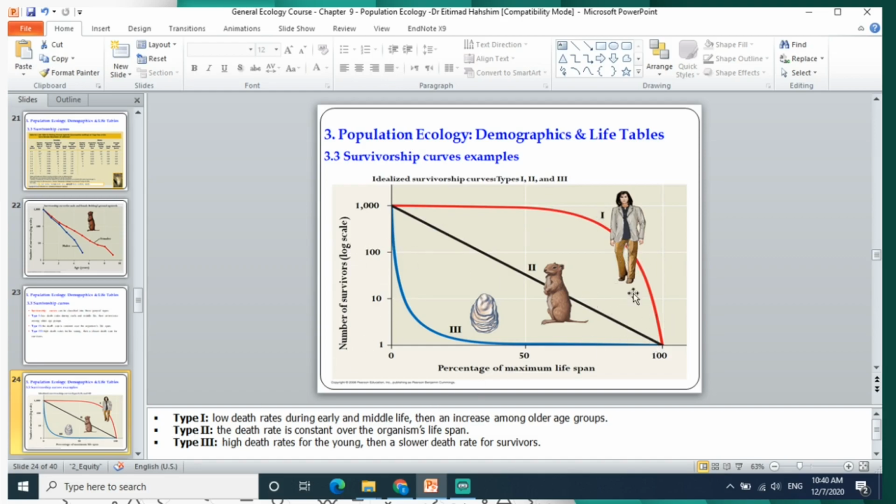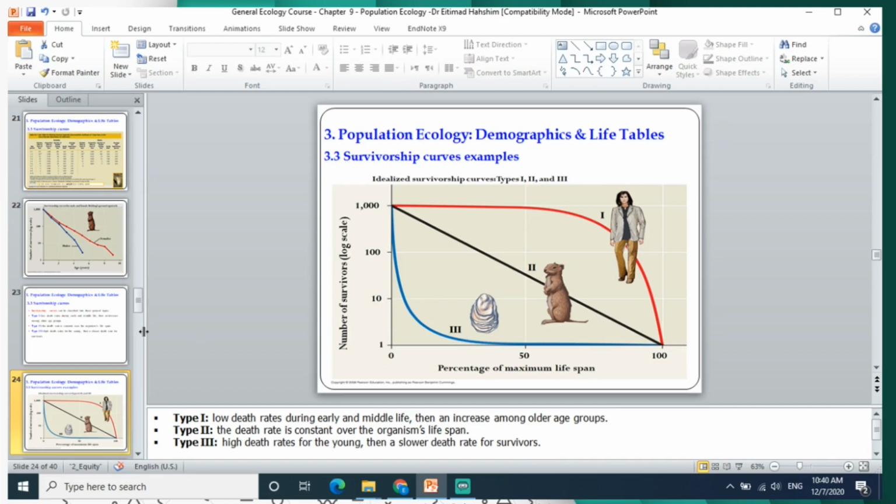Type 2, here the death rate is stable, constant over the organism's lifespan, because most of the time it is faced by predators or parasites or whatever. And type 3 has a high death rate for the young, then a slower death rate for the oldest group.